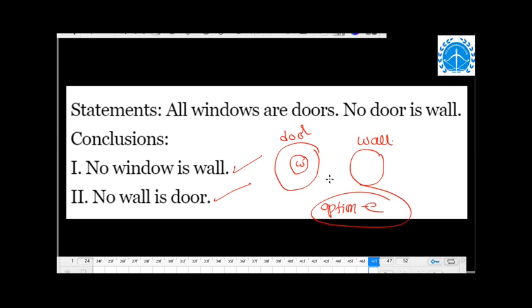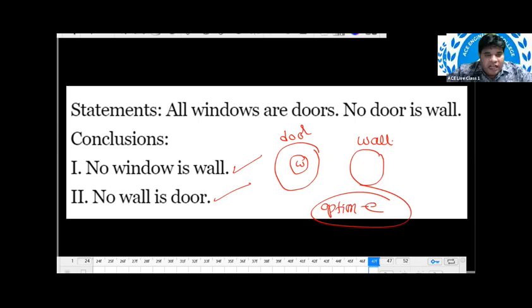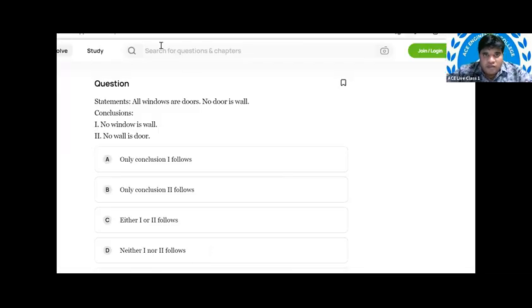Yes, sir. Now come to option C. For option C, I will explain two questions, then you will get clarity. One is a normal question, one is a diagrammatic question.